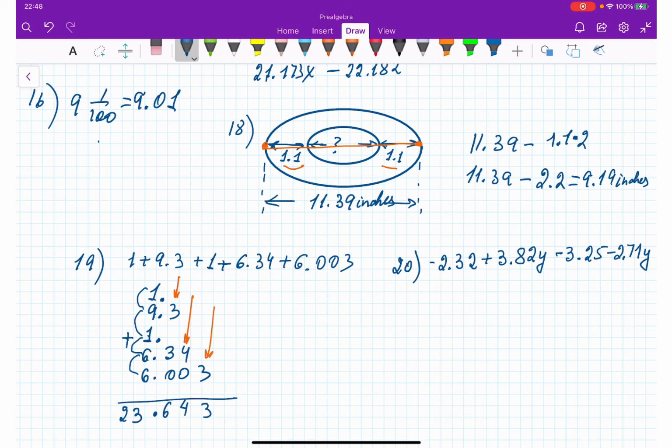Okay, like terms, this and this one, right? So let's combine like terms.